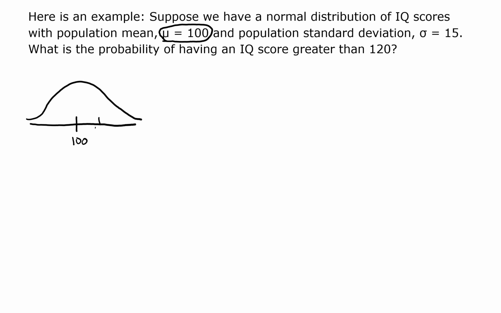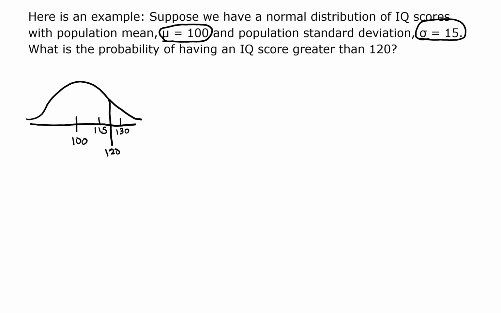So let's put these in here, 115 and 130. 115 is one standard deviation from the mean. 130 is two standard deviations away from the mean. And 120 is going to be somewhere about there, give or take. So this is step 1, sketching the distribution showing the mean and standard deviation.